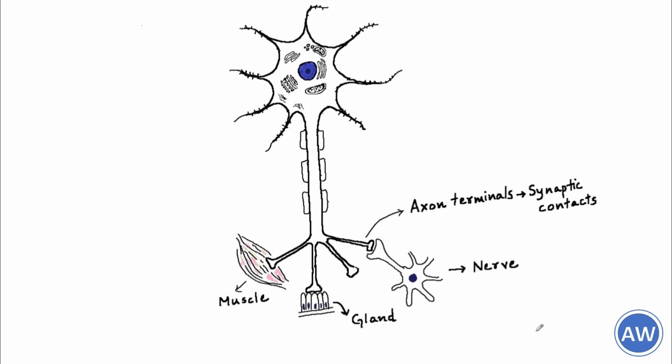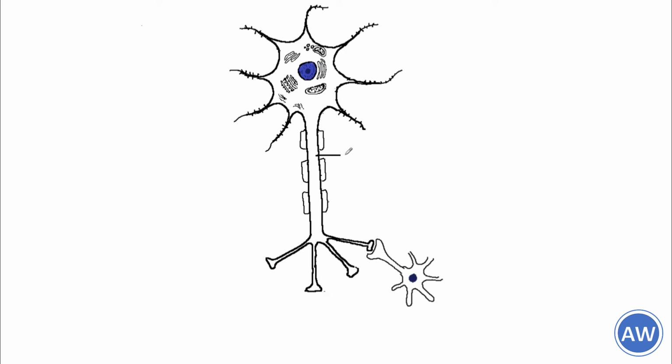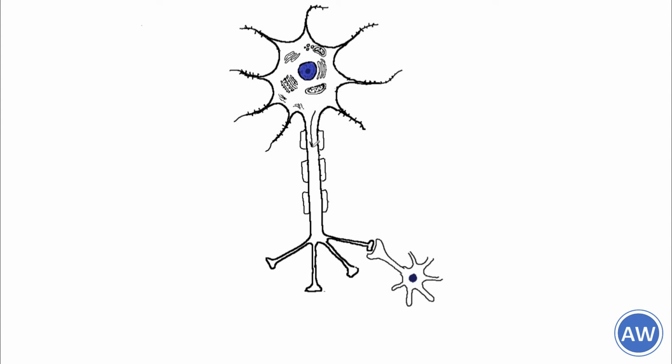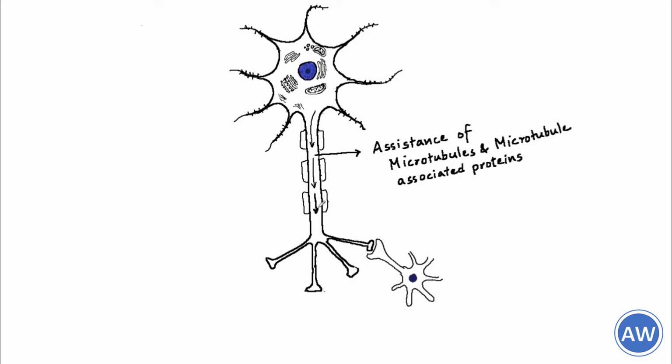The axoplasm does not possess ribosomes or rough endoplasmic reticulum, but there is presence of mitochondria, smooth endoplasmic reticulum, vesicles, neurofilaments, and microtubules. The material produced in the cell body is transported by the assistance of microtubules and their microtubule-associated proteins.